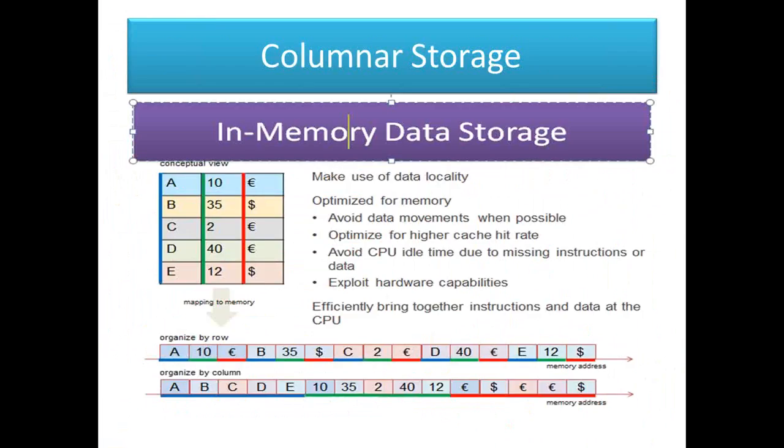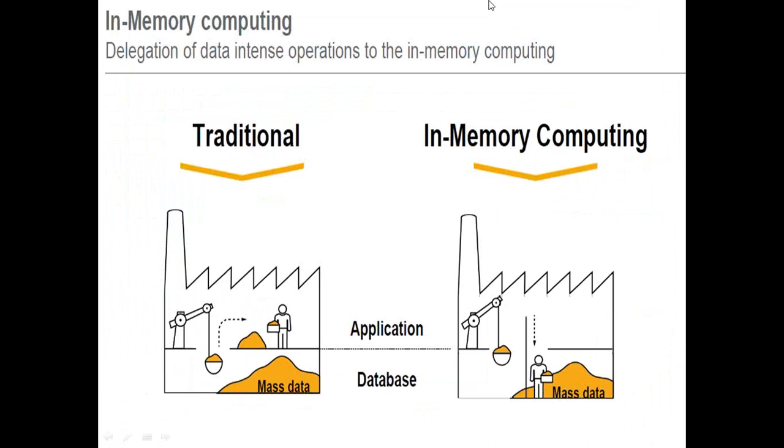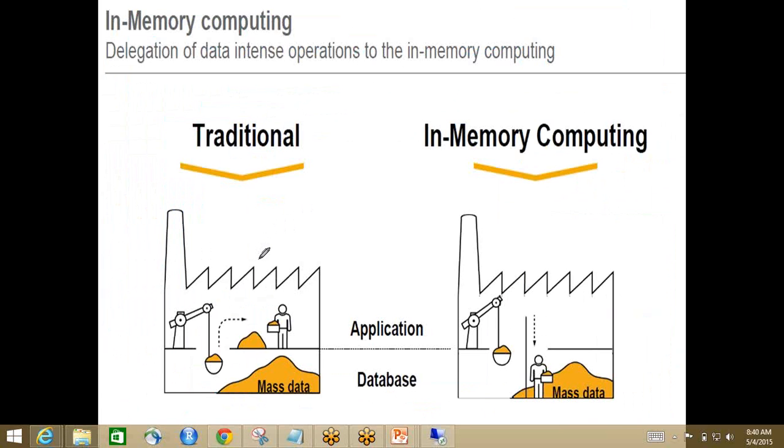I showed you this picture in the last class. This is the difference between the traditional system and the in-memory system. This is my hard disk, the database layer here is hard disk. Here the database layer is a RAM.